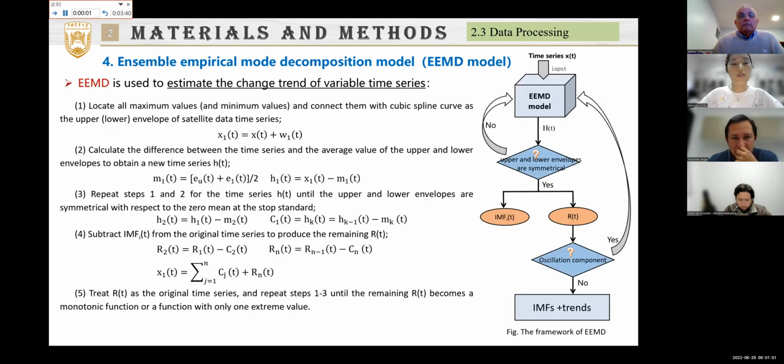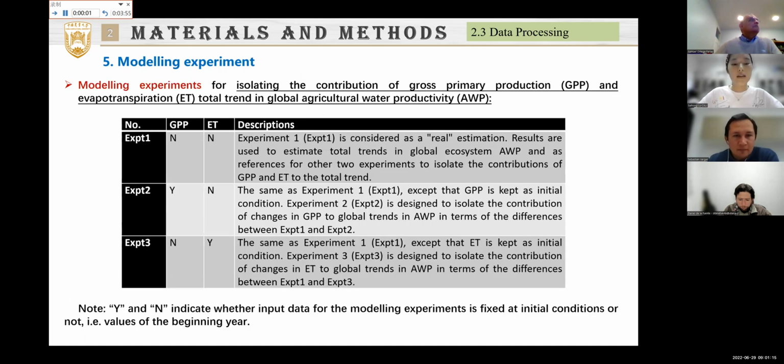Next, the EMD model is used to estimate the change trend of variation in complex time series, which is decomposed into intrinsic mode functions and trend terms through several iterations. Finally, modeling experiments are used to isolate the contribution of GPP and ET trends to global AWP, and the experimental design is shown in the chart.